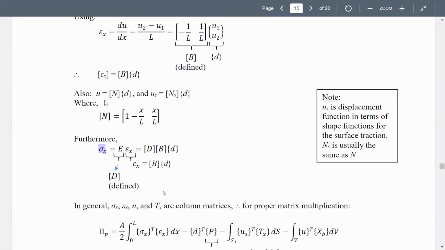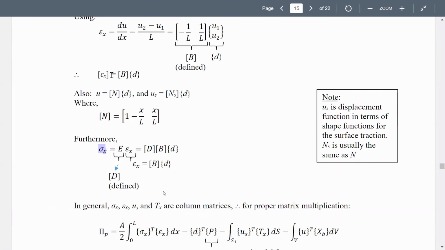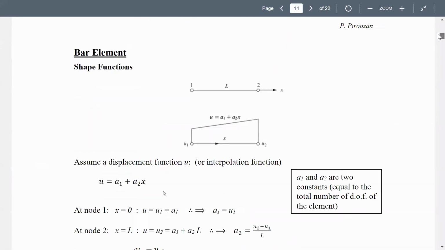Now, remember, we also want to substitute for U. U is ND. Can somebody tell me what N stands for in this class? Question for you. Anyone? The shape function? Agree with your friend, anyone? Yeah, you're right. It is the shape function. Let me go back quickly here.